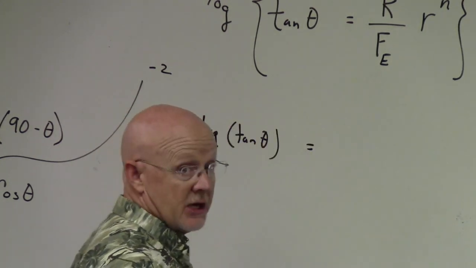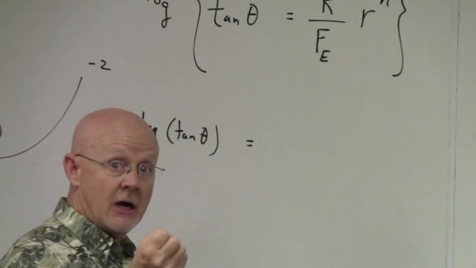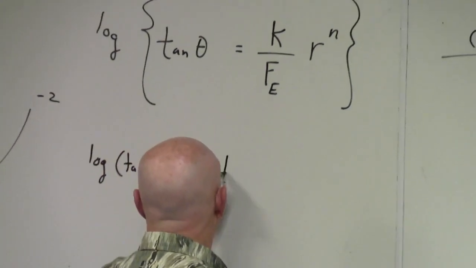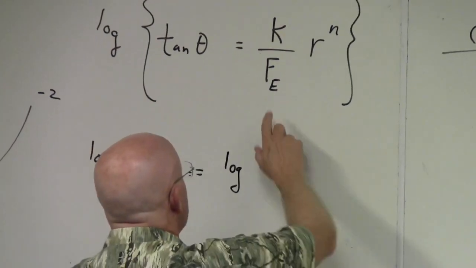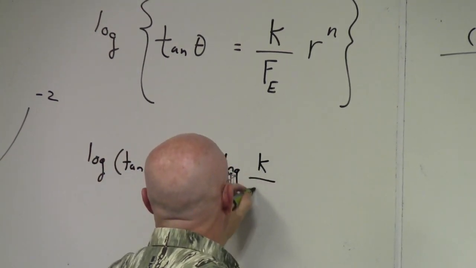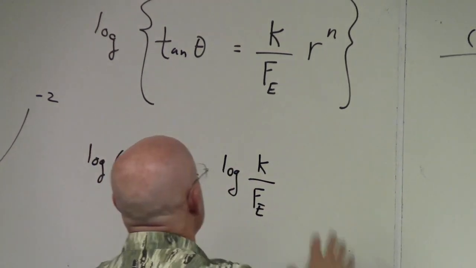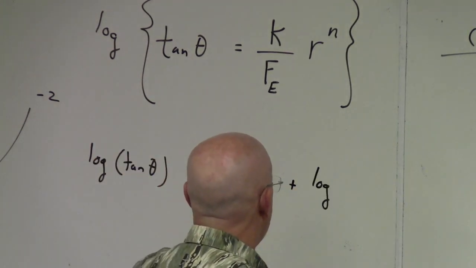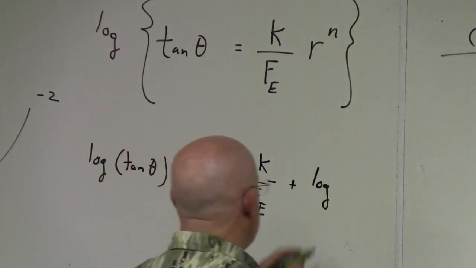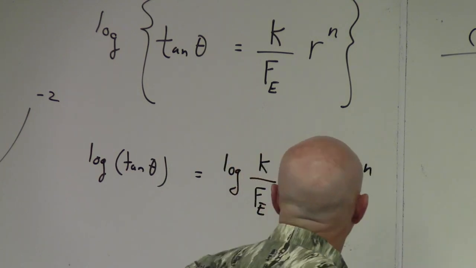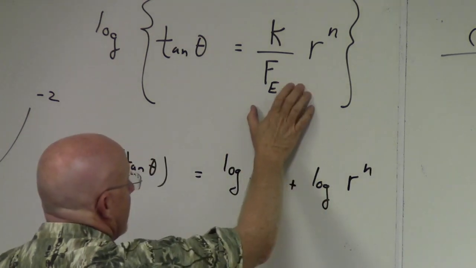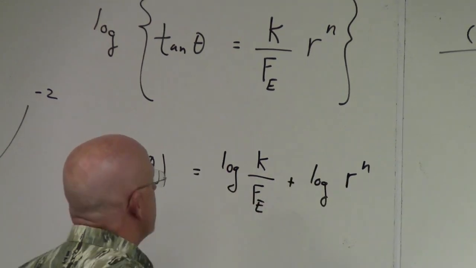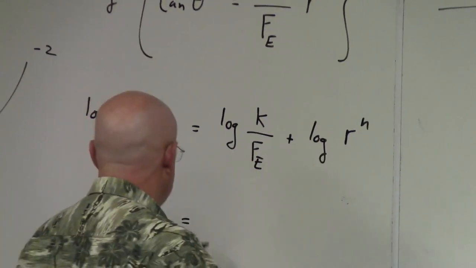And on the other side, this is where the property of logarithms can come in real handy. Because if you think about this as a product of these constants in front, and then r to the n, when you take the log of this right-hand side, you can break it into two pieces.